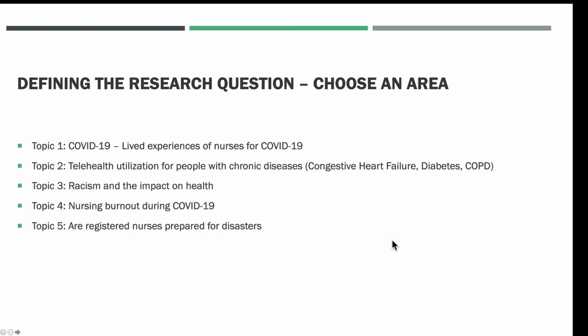This is likely going to get you articles that are very different than the ones that you might get, for example, on topic 2, which is telehealth utilization for people with chronic diseases, congestive heart failure, diabetes, or COPD. You will have a lot more literature for topic 2 than you are going to have for topic 1.